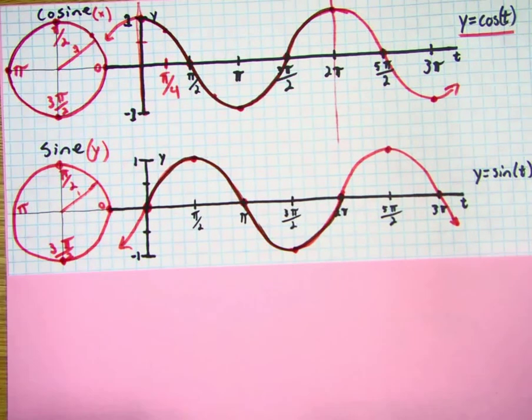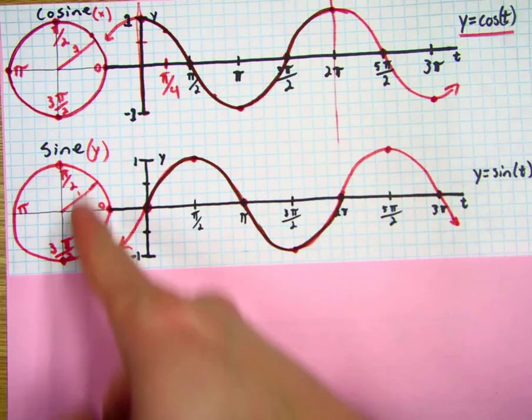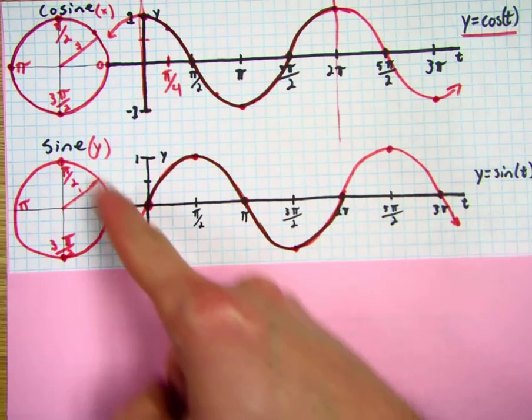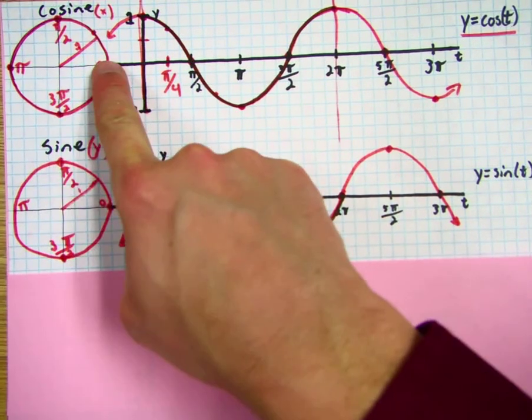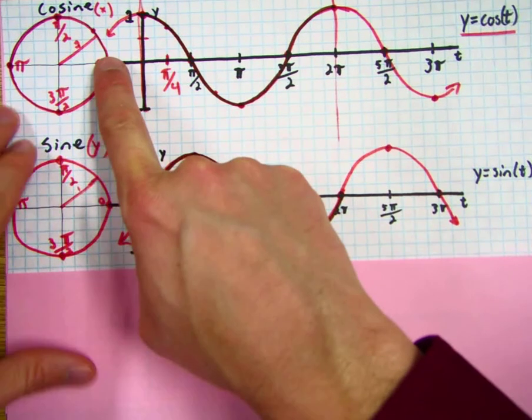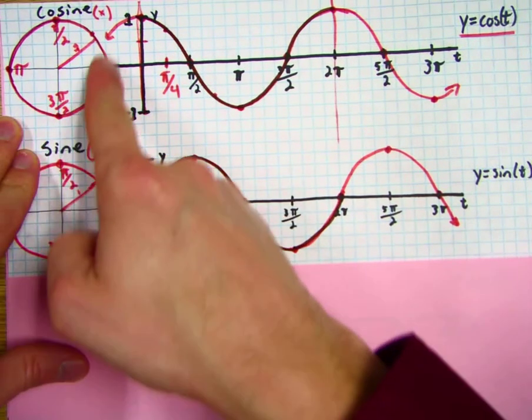All right, so similarities. First of all, these two have the same period, which makes sense. It goes all the way around the circle in 2 pi radians, no matter whether we're talking about the x-coordinate or the y-coordinate. It's going to have this wave to it because it's going around a circle, which is a uniformly curved shape. And it's just a little bit shifted because when we're doing cosine, we're doing the x-coordinate, and we're starting at the highest possible x-coordinate because we're all the way out here to the right.